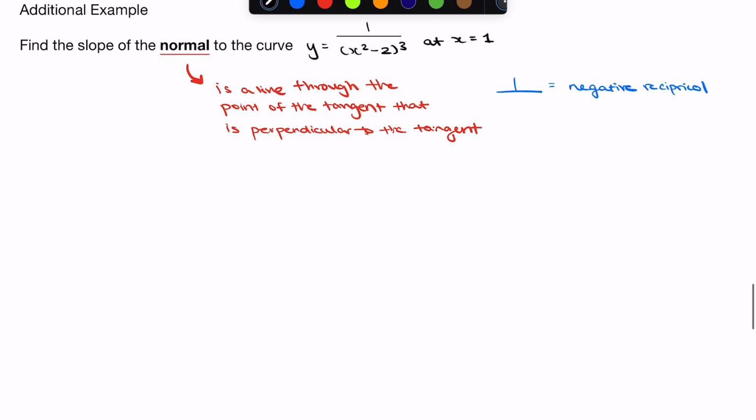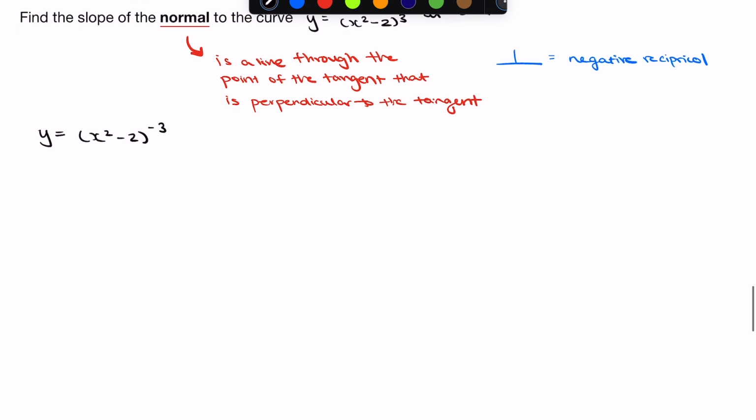So if you look at this here, you have y is equal to 1 over (x squared minus 2) to the power 3 at x is equal to 1. First thing you want to do here is rewrite the equation as (x squared minus 2) to the power of -3. First thing we'll do is bring down the -3. So on the outside, (x squared minus 2) to the power of -4, and then factor out the inside, which is 2x.